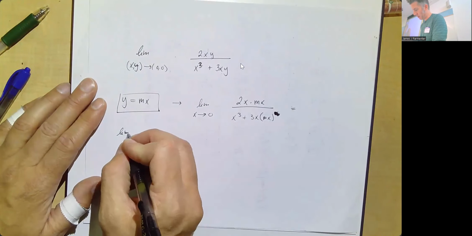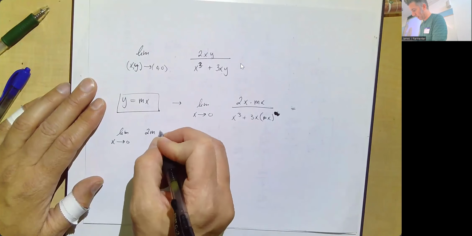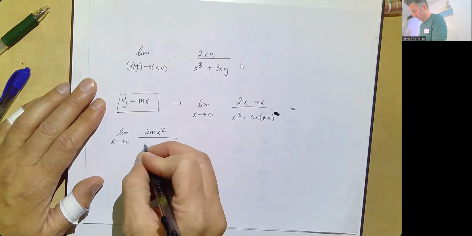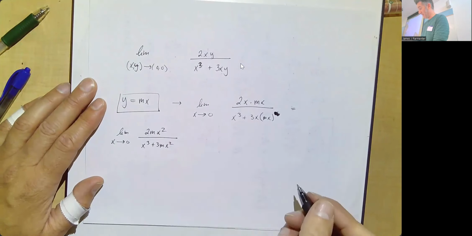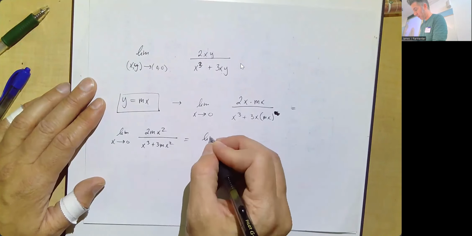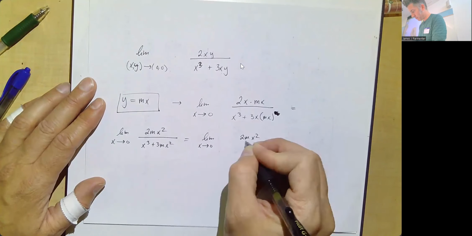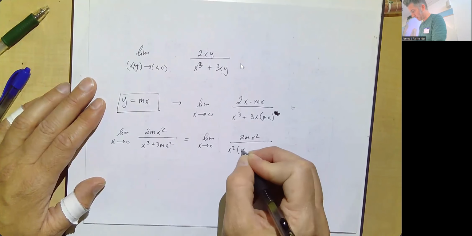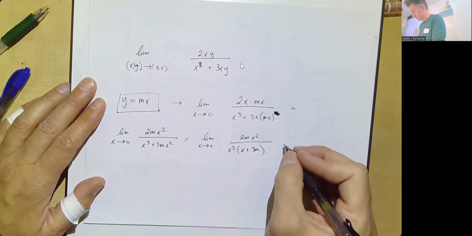With the limit as x goes to 0 of 2mx squared over x cubed plus 3mx squared, I factor out an x squared from the bottom, and I'm left with an x plus 3m. The x squareds cancel.